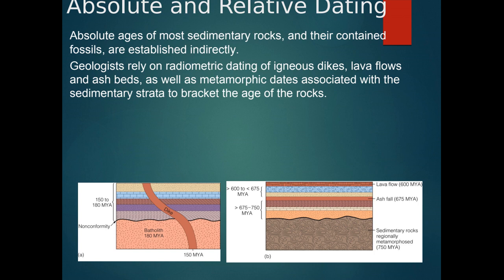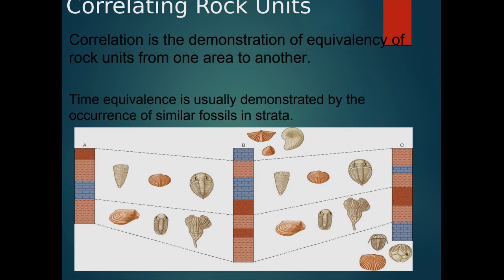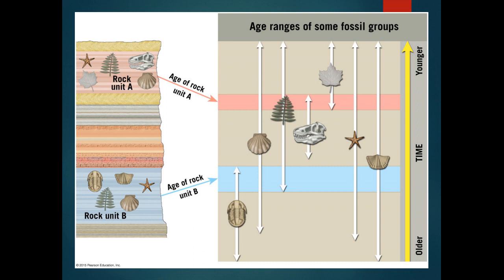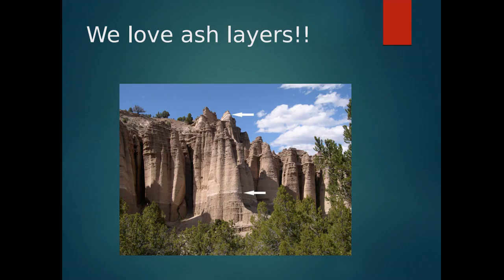And knowing those absolute dates of igneous rocks may help you pin down an approximate date for all the sedimentary rocks that are in between those dates. You can also correlate with fossils, and fossils evolve over time, so that can give you some idea with sedimentary rocks. Now that we have had enough data from around the world to know when different species evolved, we can get a pretty good guess on the time, but it's not as precise as radioactive dating.